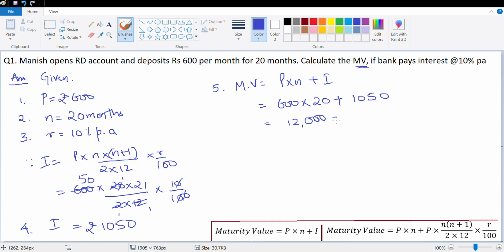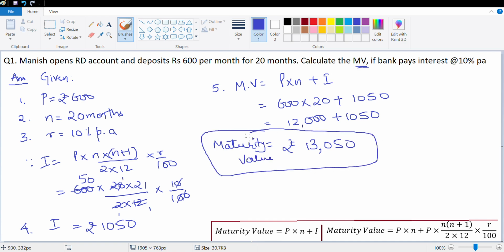That's 12,000 plus 1050, which means rupees 13,050. So the maturity value would be rupees 13,050. For our convenience, I'll put the formula on this page so that we remember the formula. Good, let's look at the next question.